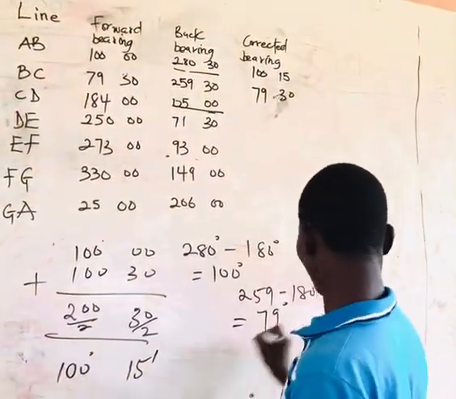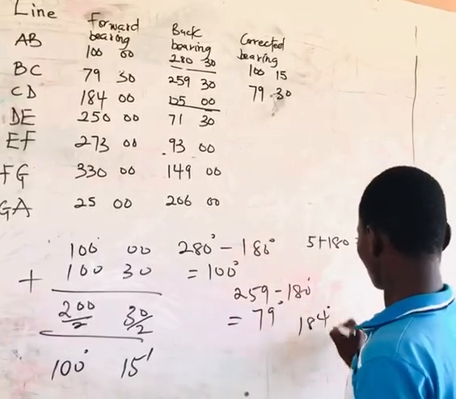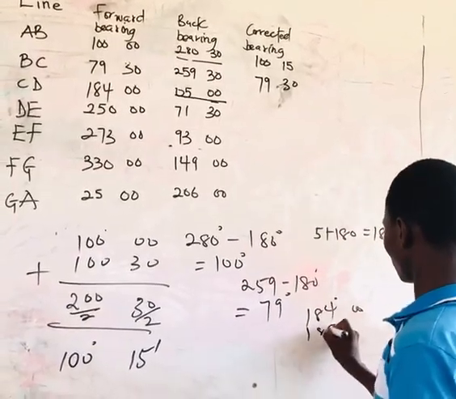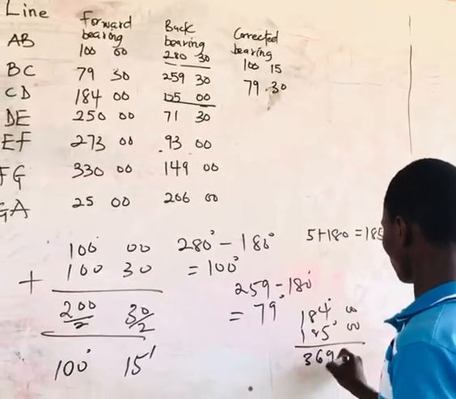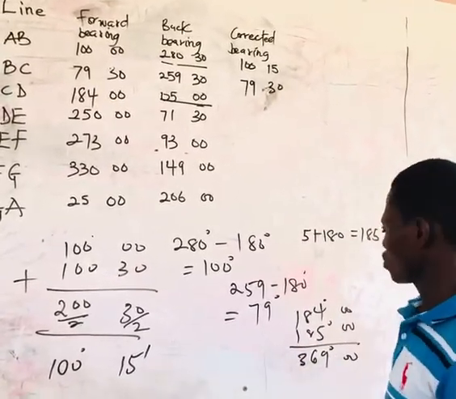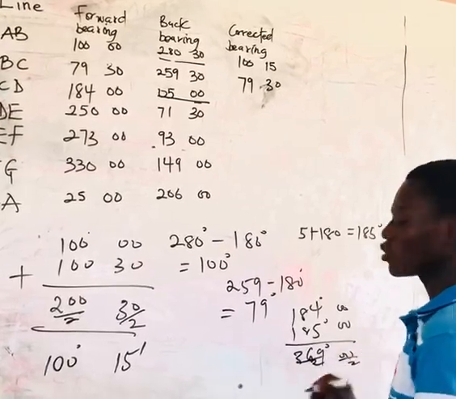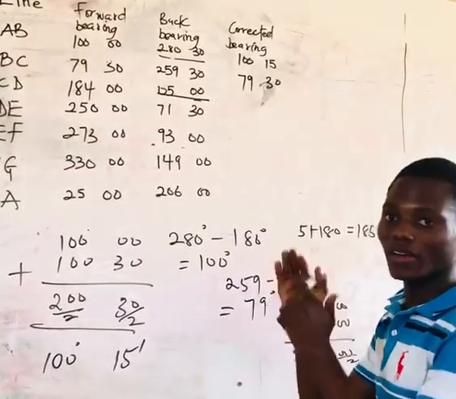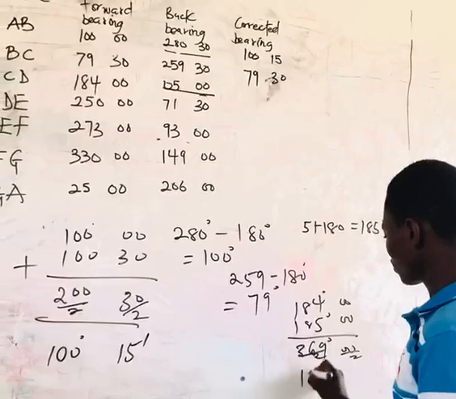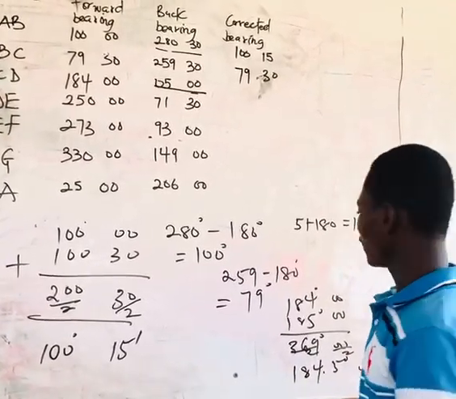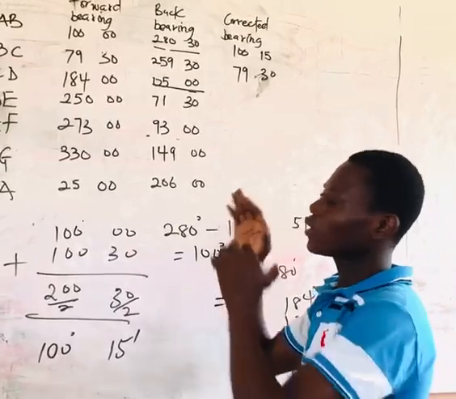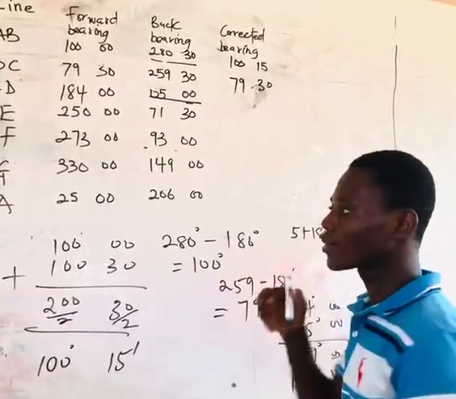So 184 degrees 0 minutes plus 185 degrees 0 minutes gives 369 degrees 0 minutes. Divide your outcome by 2 so that you can find the average. In this case, we are going to get 184.5 degrees.